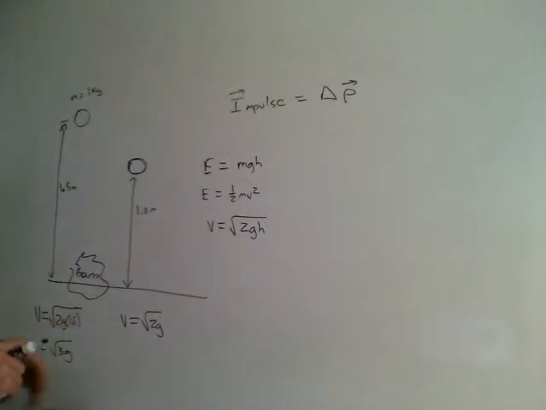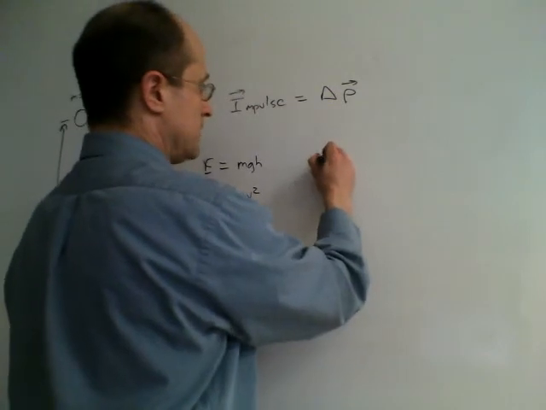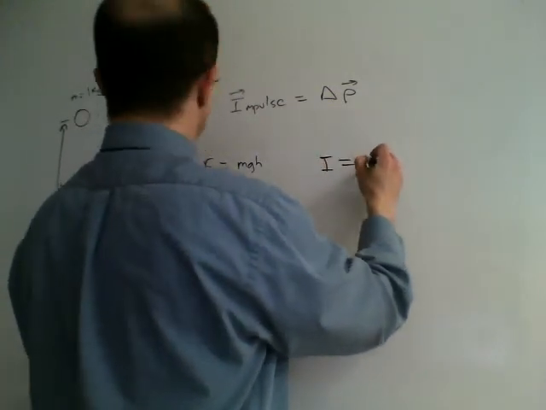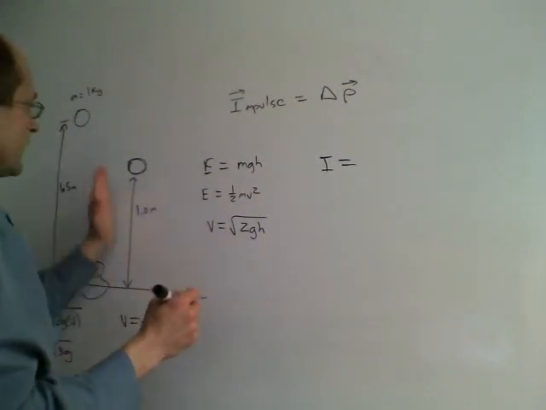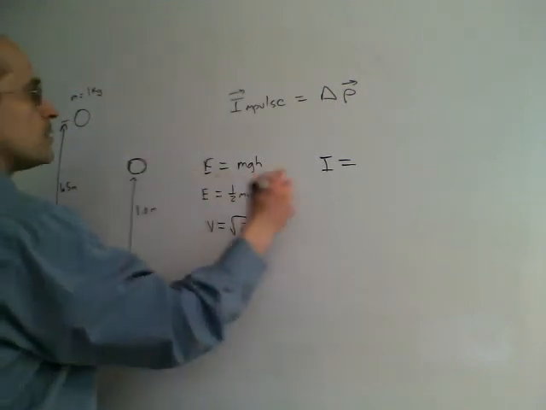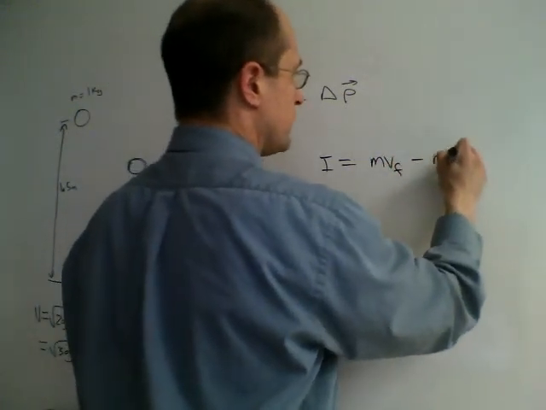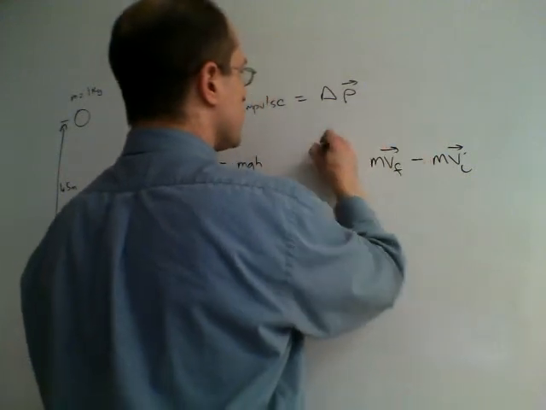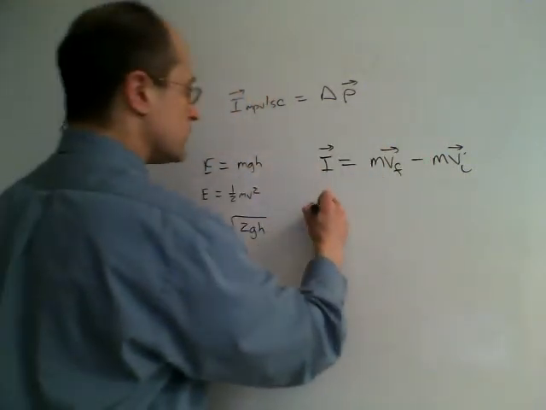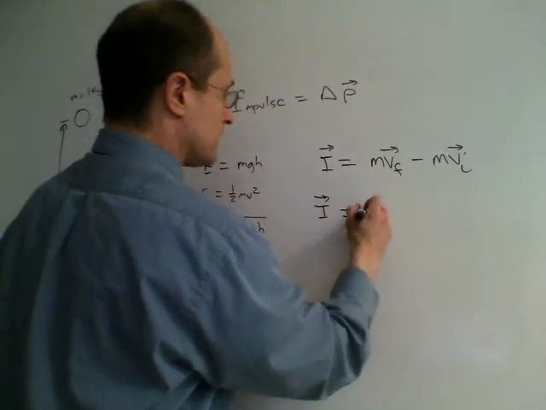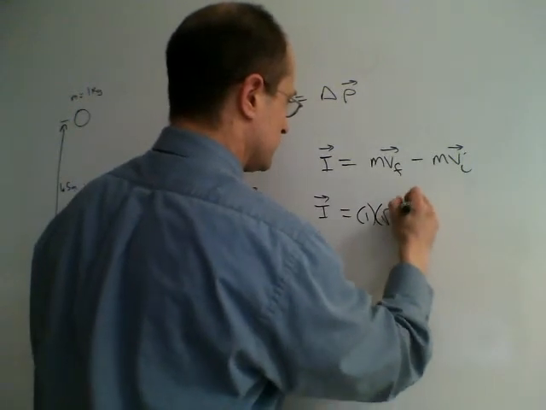So, what can we do? We can now calculate our impulse, because our impulse, we said, is just the change in the momentum. So what's our final momentum? Well, it's the ball going up, which is mv final minus mv initial. But we have to remember that those velocities are vectors. So up is positive, so the impulse in this case is 1 times the square root of 2g.